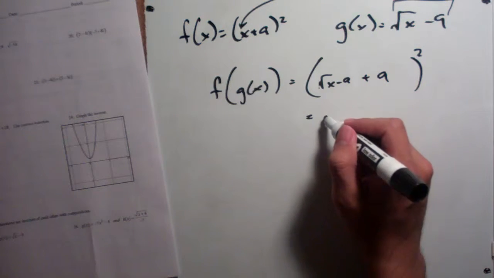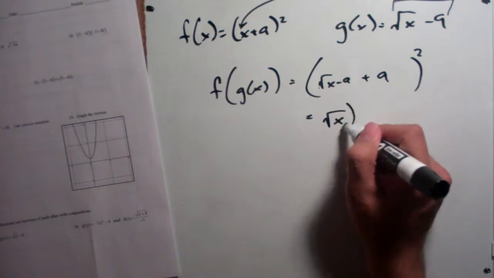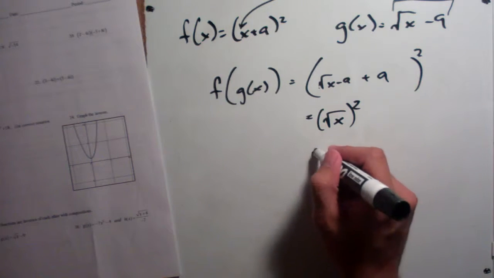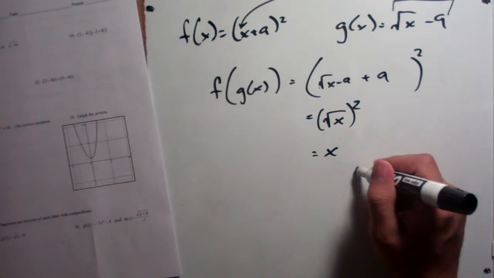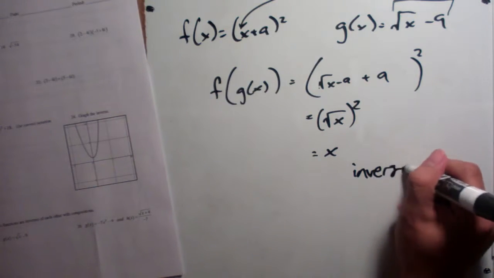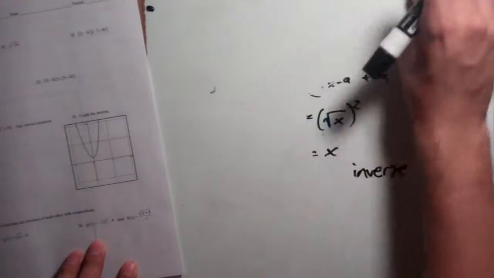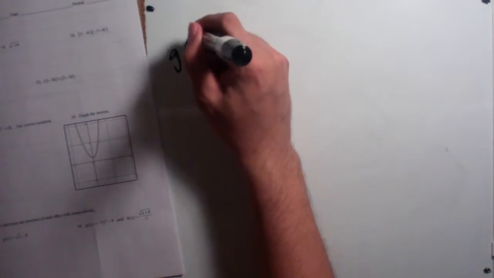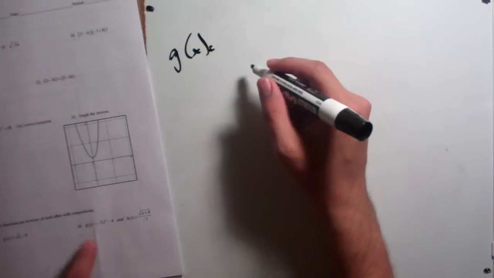That cancels out, so we're just left with x squared inside of the parentheses. Well, squares undo square roots, so we're just left with x. Since it is equal to x, this is an inverse. And if we were to do it the other way, put f into g, it would still work out.